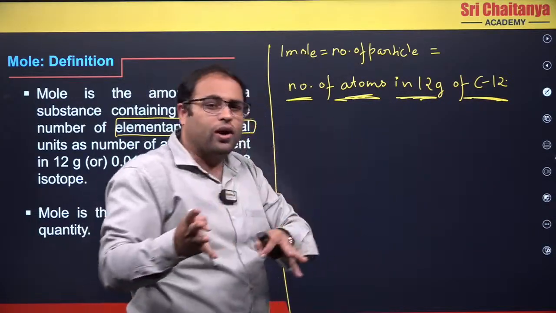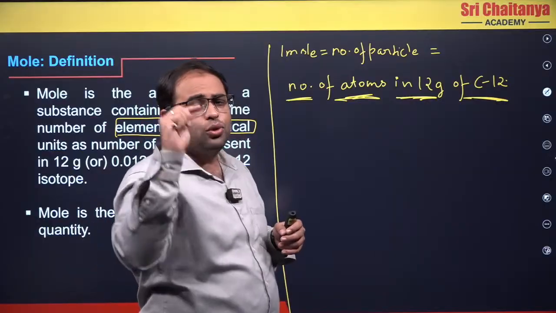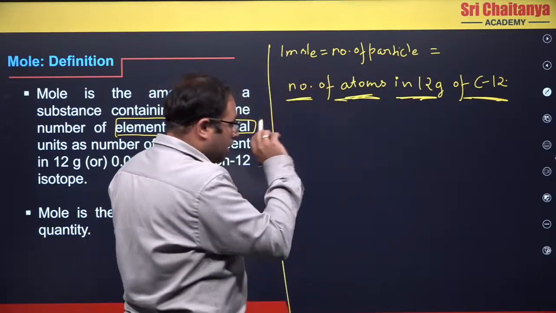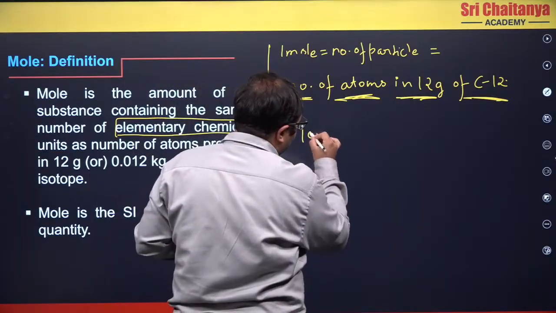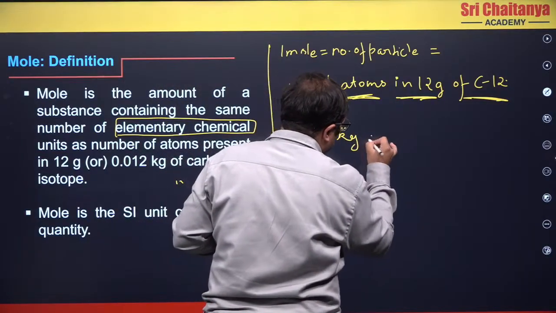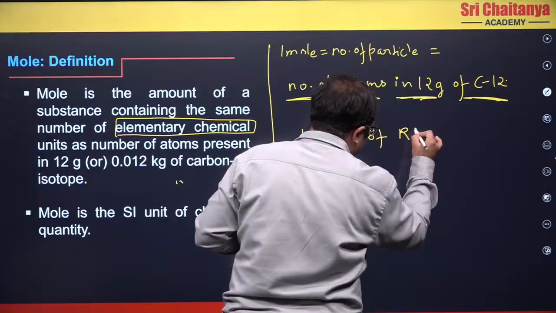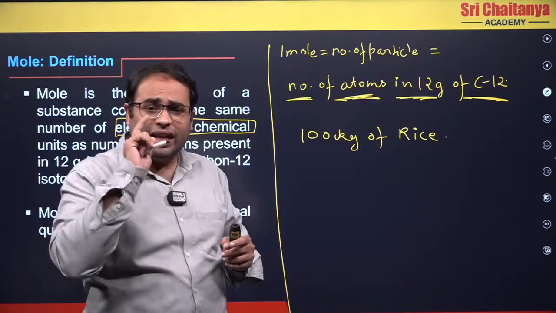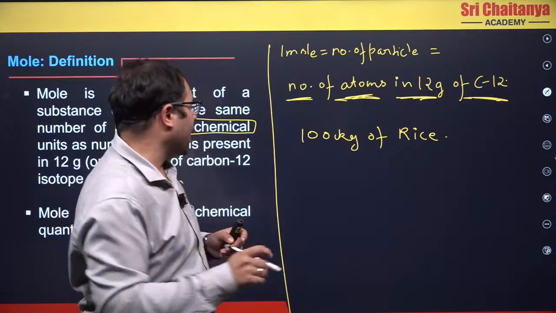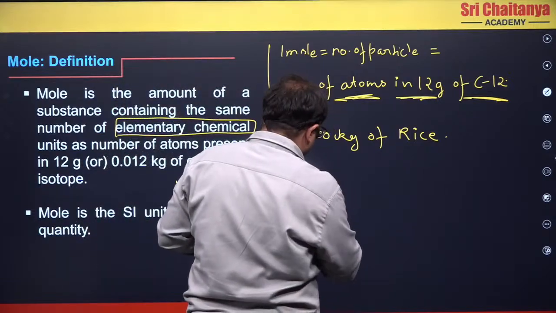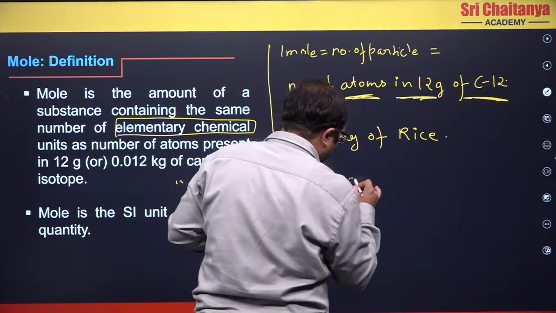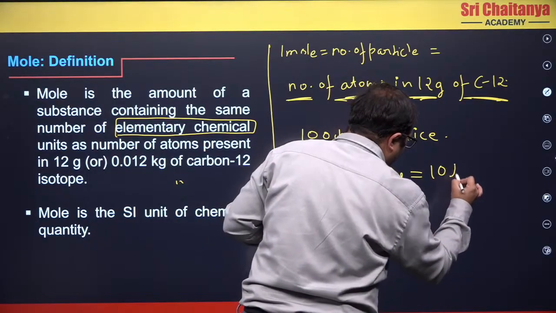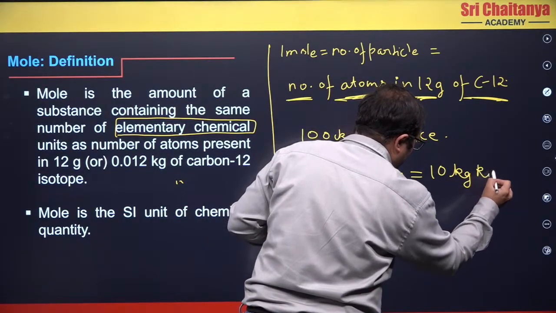Now to move forward, let me link this to our day-to-day lives. Suppose you have 100 kg of rice. And in the shop, 1 bag of rice has 10 kg rice.